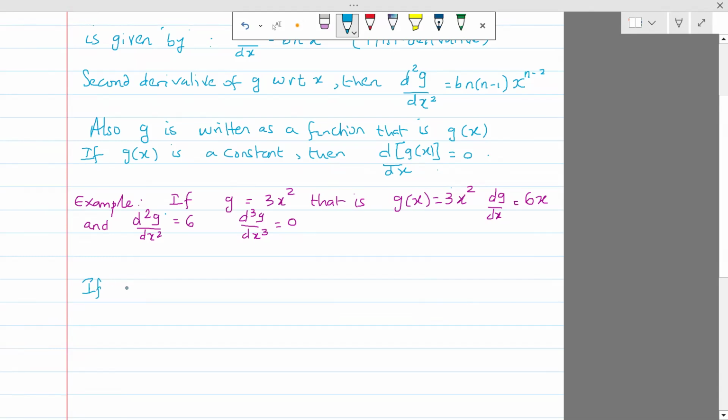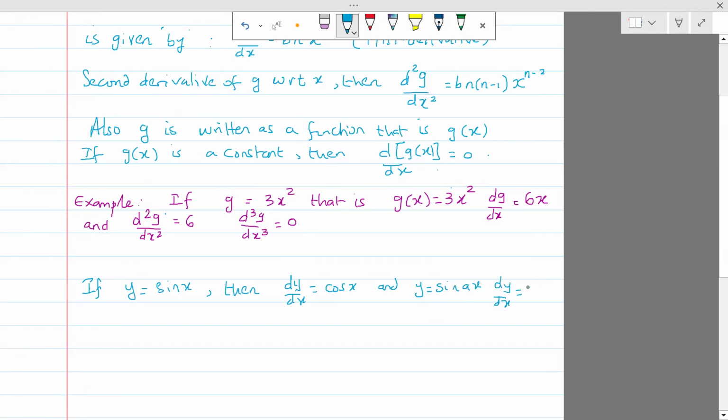If y equals sine x, which is a trigonometric function now, then I will say dy by dx becomes cos x. And let's say y becomes sine of ax.